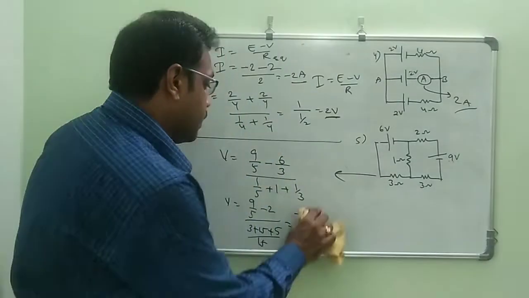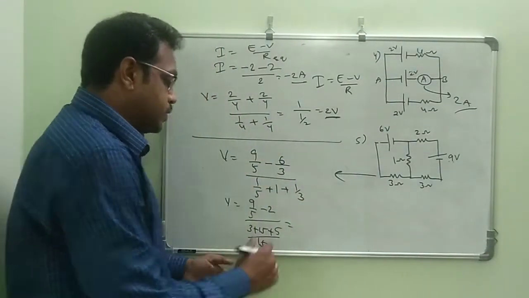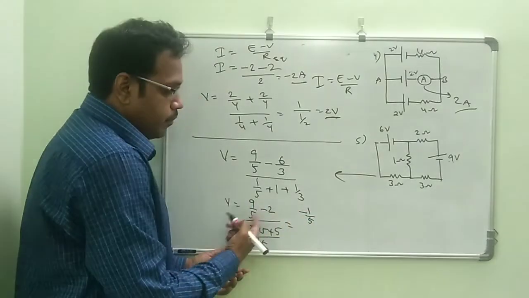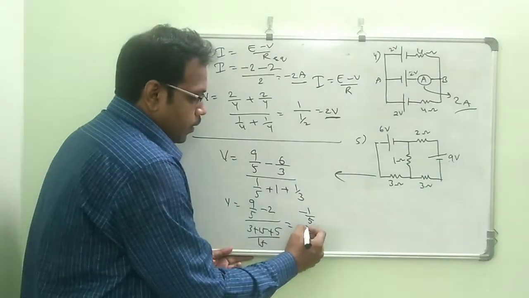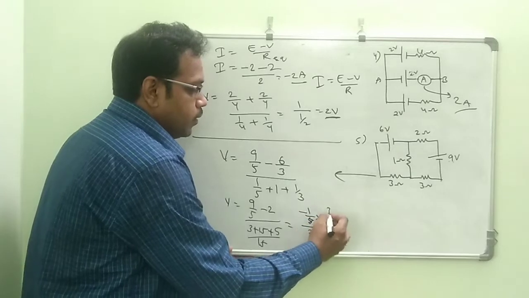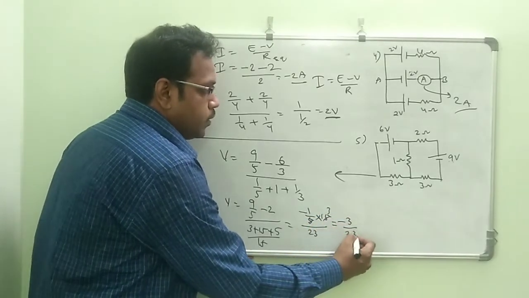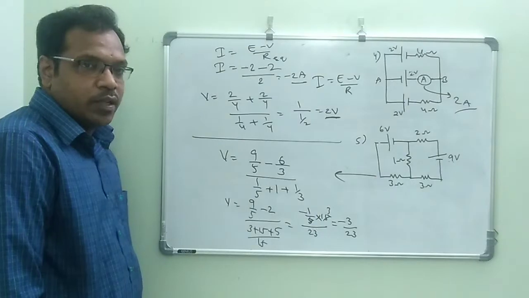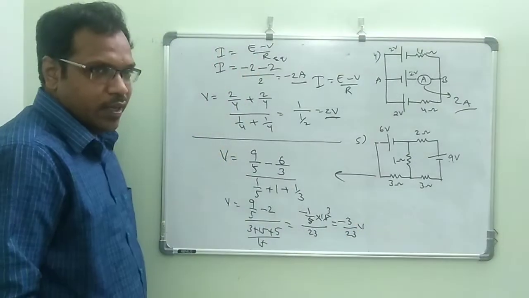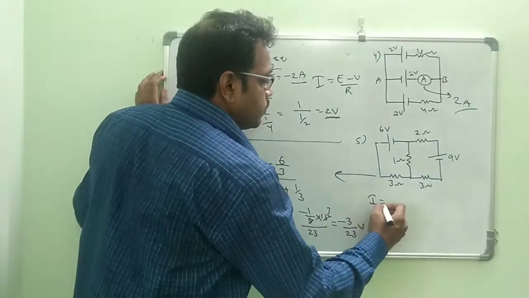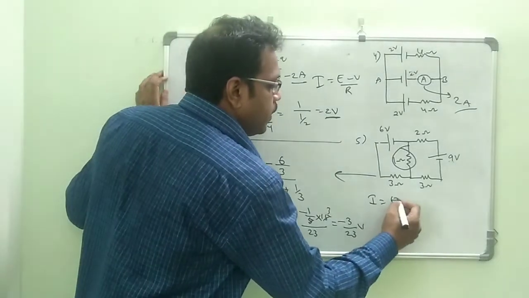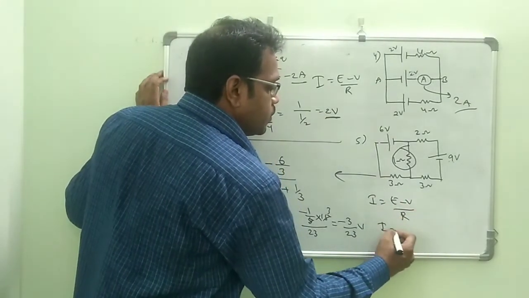Minus 10, so minus 1 by 5 divided by 23 by 15, so minus 3 by 23. So the voltage here, the common potential, is minus 3 by 23. Now in this branch we need to find the current: I is equal to E minus V by R. What is E?